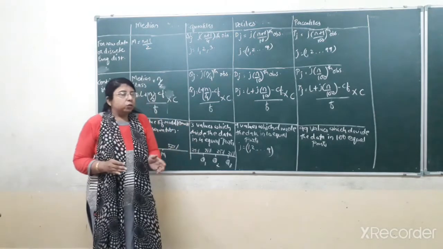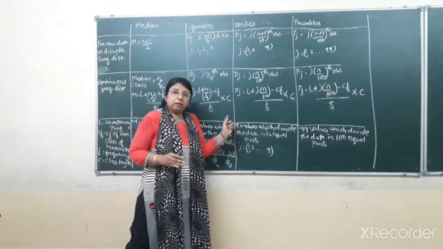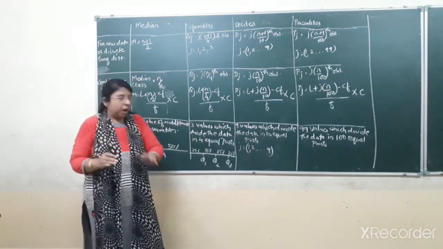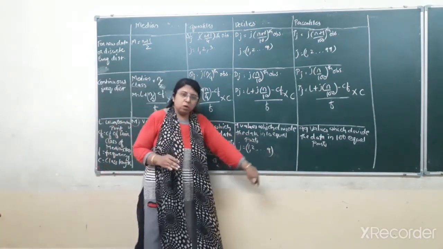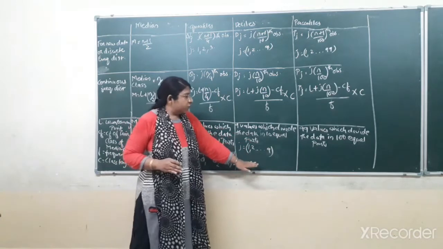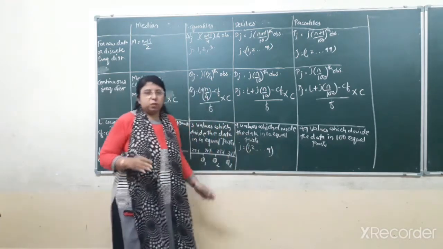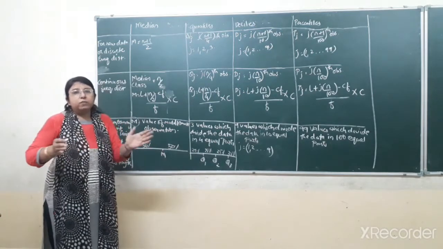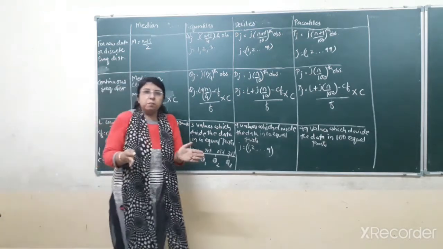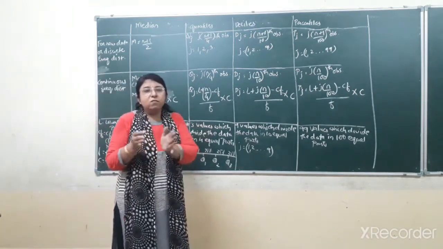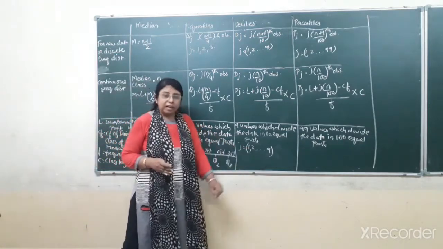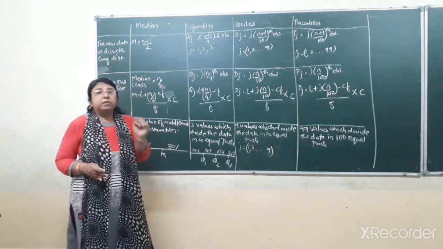It is not possible to represent this on a number line, so I have not represented it for deciles and for percentiles. But you can easily understand from these 2 lines how it will divide into 10 parts by taking 9 values of the observation. So those 9 values are considered as deciles.